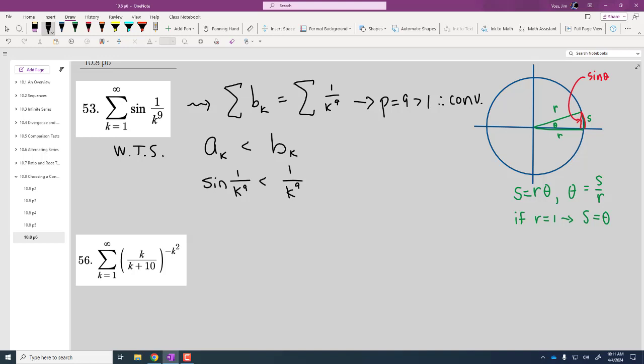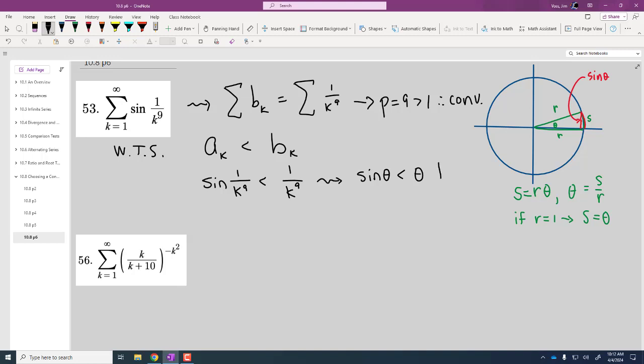Now, this is one of those subtlety things where a lot of times we just do this by inspection. If you look at this picture, sine of theta is right there, and theta is right there. You can see that sine of theta is smaller visually in that picture than theta, right? You could do some other things too that are more technical, but this is really from Calc 1, an accepted fact that sine of theta is less than theta.